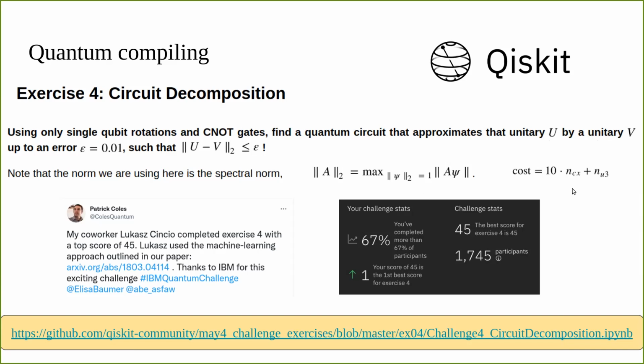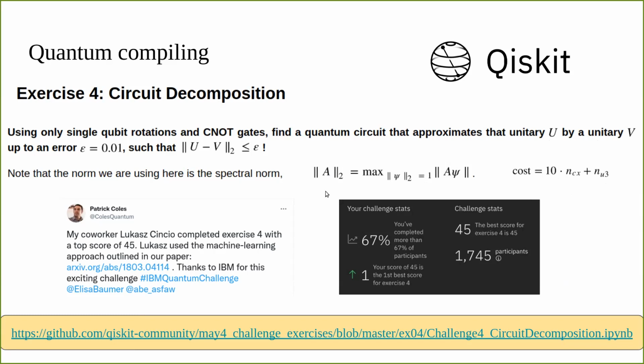The cost was given by 10 times the number of C0 gates plus the number of single qubit gates. There were approximately 1,800 participants in this challenge, and the top score achieved a cost of 45.